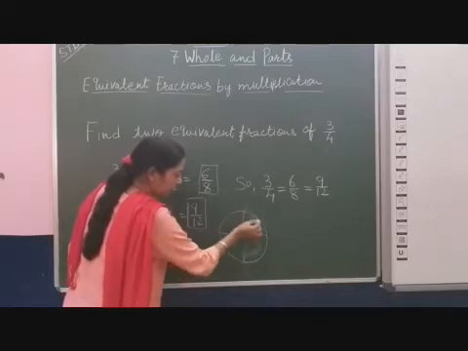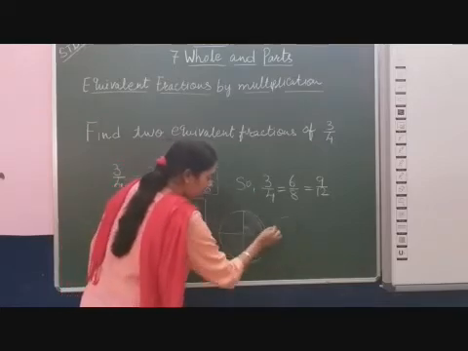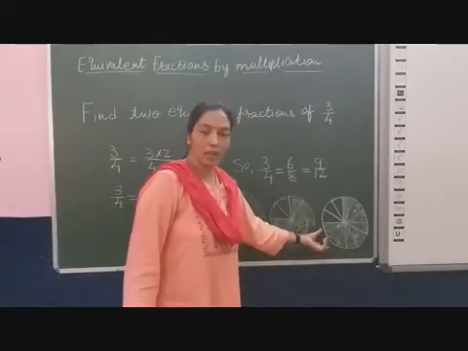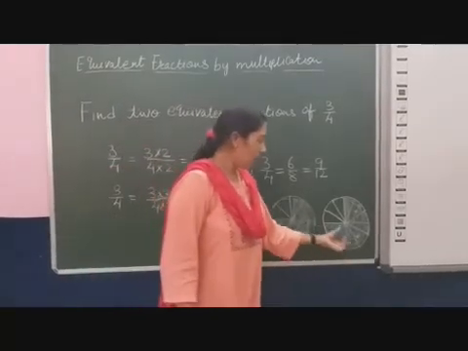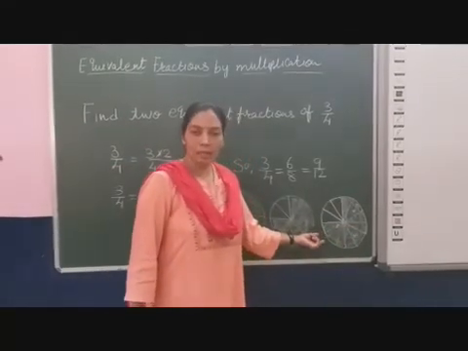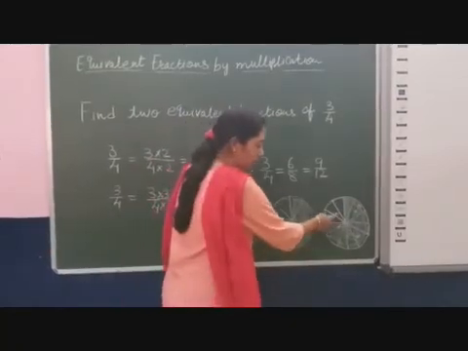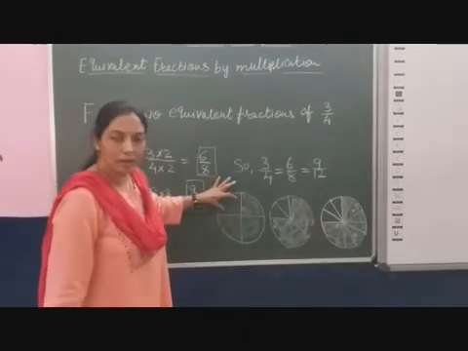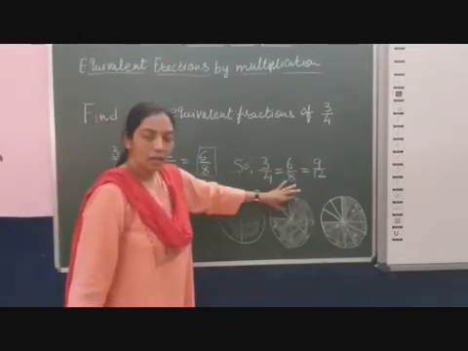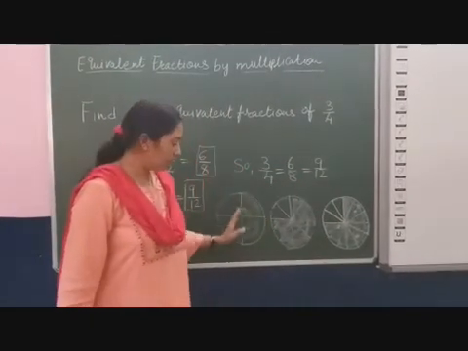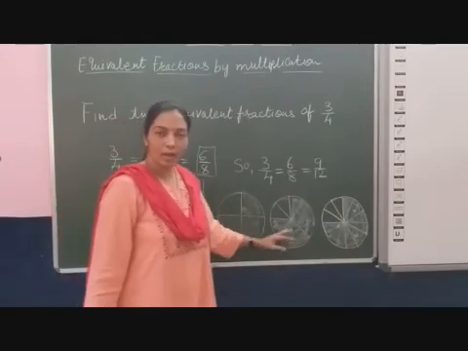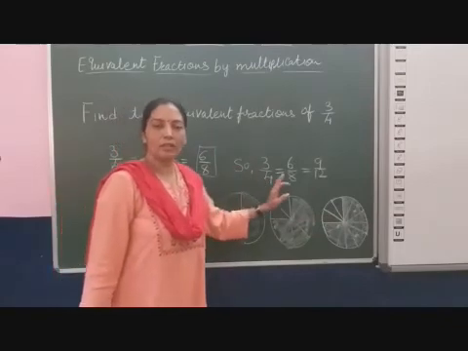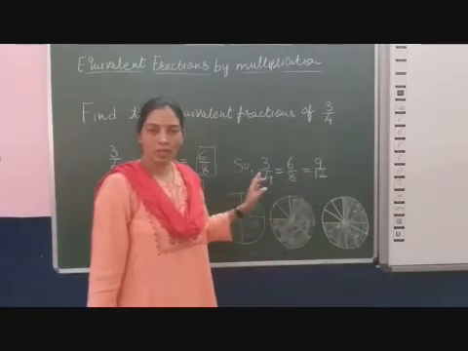Yes? 3 portions. Now students, I make here 12 equal parts and out of 12, paint 9 parts. Yes? So the left 3 parts here, left 2 parts here and 1 part. So it is a quarter; they are equal. That means the painted portions are equal. So that's why we can say that all these fractions are equivalent fractions.